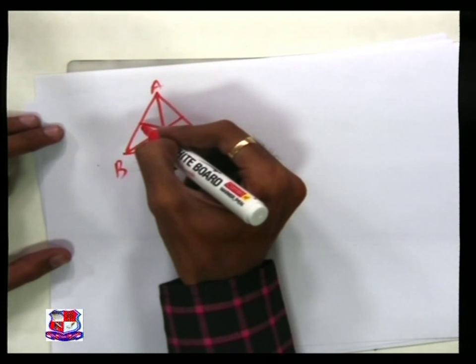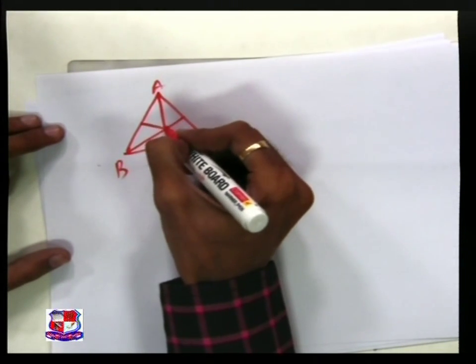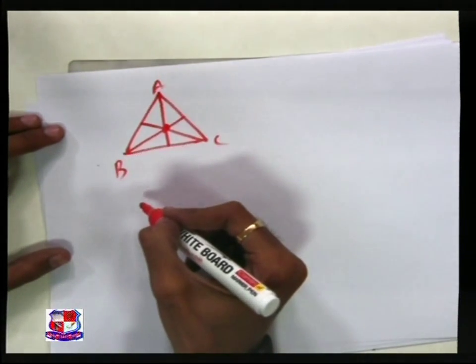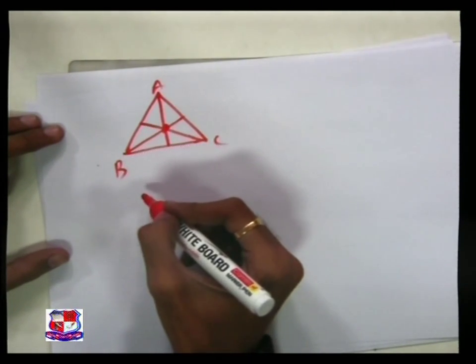So the crossing point, or the intersecting point of all perpendicular bisectors, that is known as the circumcenter.